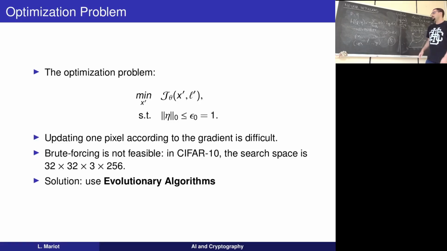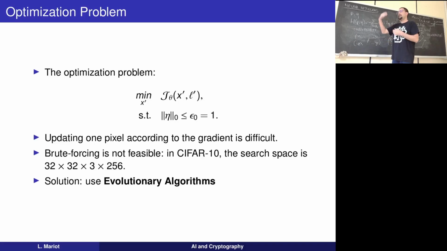Anyway, what we want to do is to say, okay, we have our image that is encoded by a vector where each coordinate is a pixel, and then we are going to modify at most 1 pixel to craft our adversarial example. We could say that we want to update a single pixel and select it by computing the gradient.